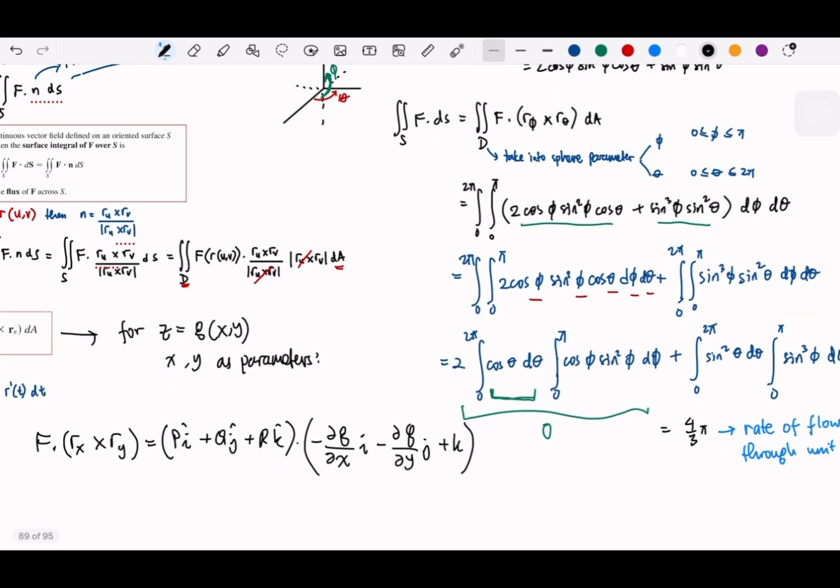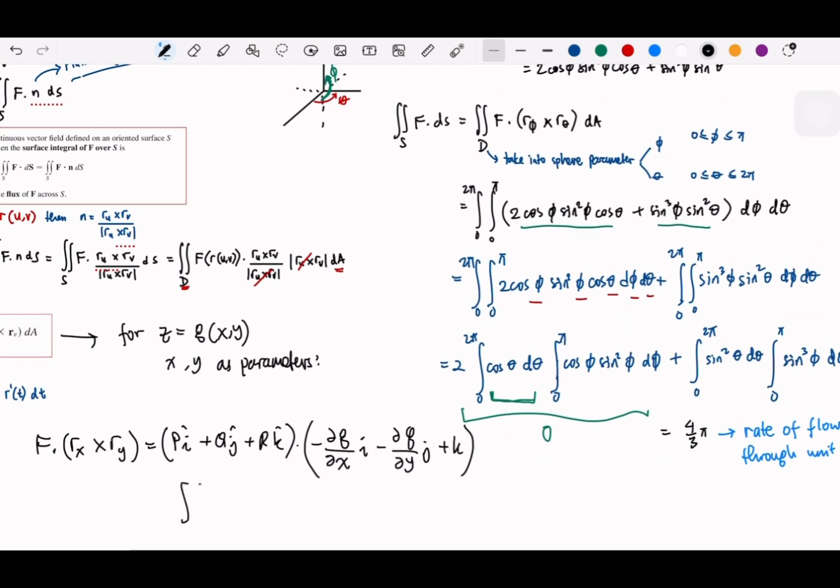So we may write the formula for the surface integral of F dot dS as this. We take the dot, and then this will be double integration of negative P partial g partial x, negative Q partial g partial y, and then plus R dA.